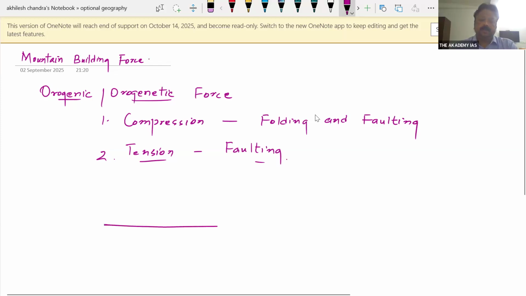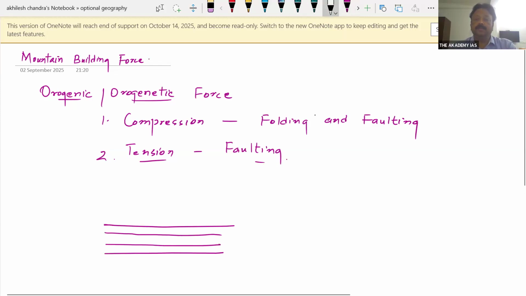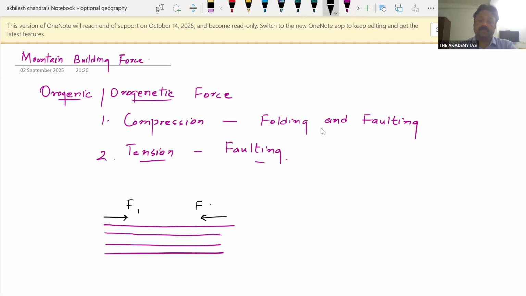So what happens when the crustal rock feels a force, and that too tangential. The force is a tangential force, and both are acting towards each other, F1 and F2.